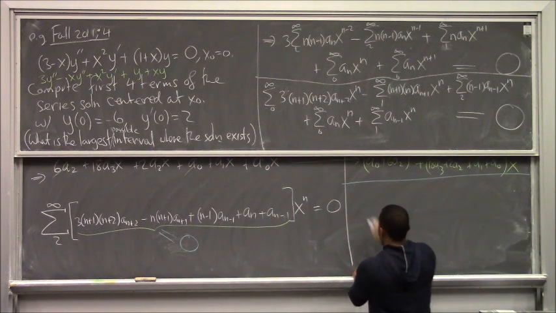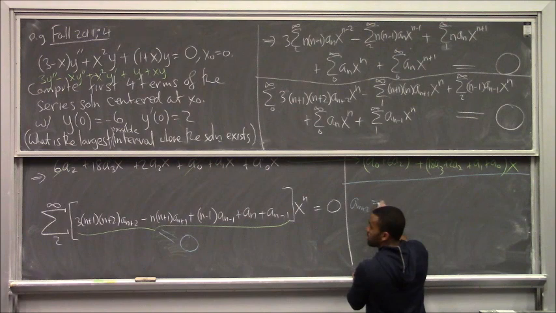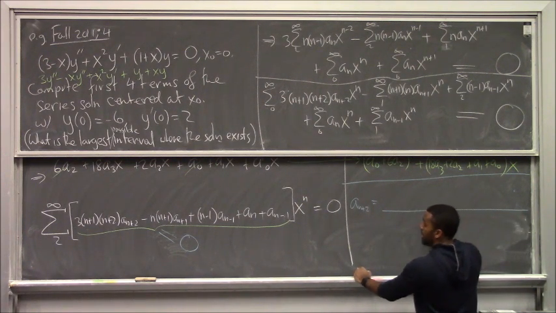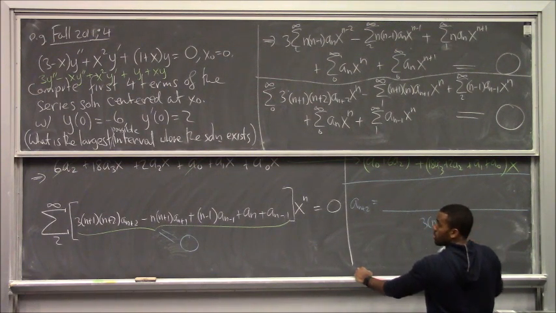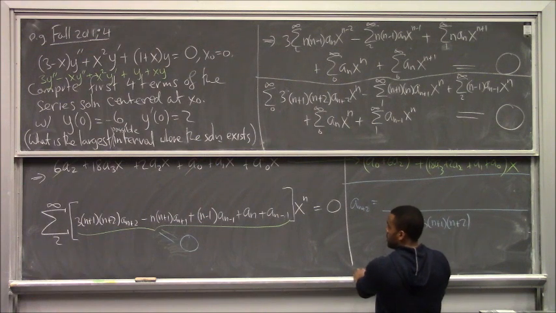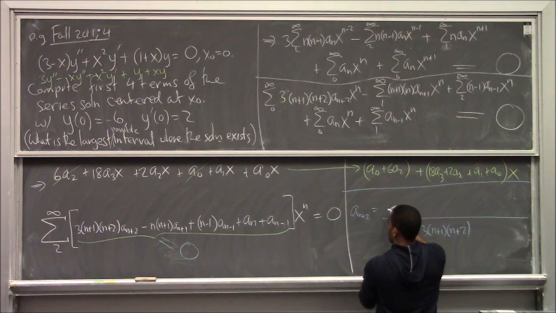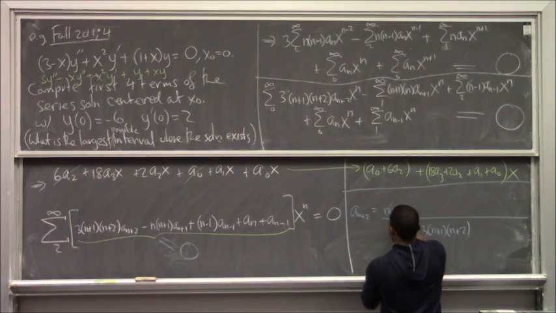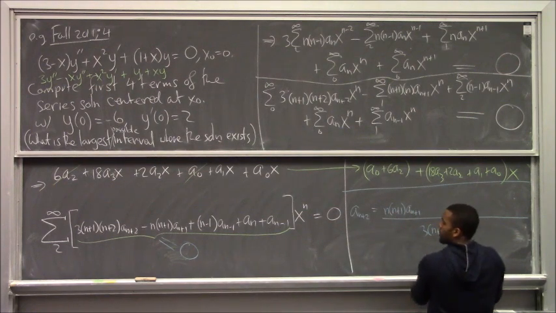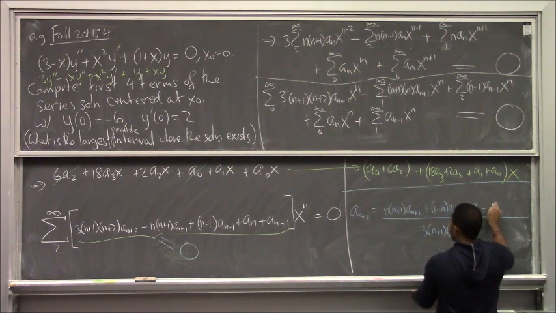What would I solve for here? a(n+2). What would that look like? Well, it would look like a bunch of stuff divided by 3(n+1)(n+2). That bunch of stuff: positive n plus 1, a(n+1), minus n minus 1, a(n-1).